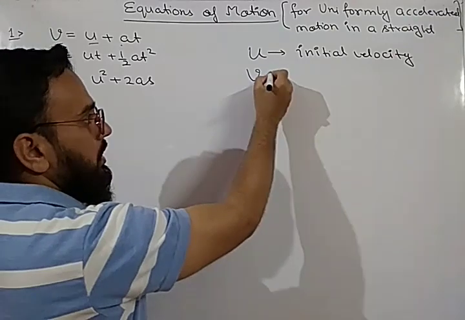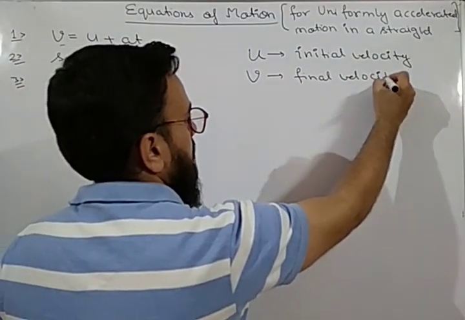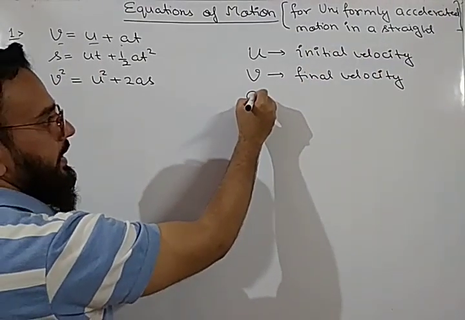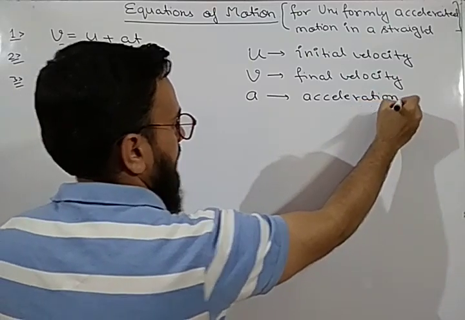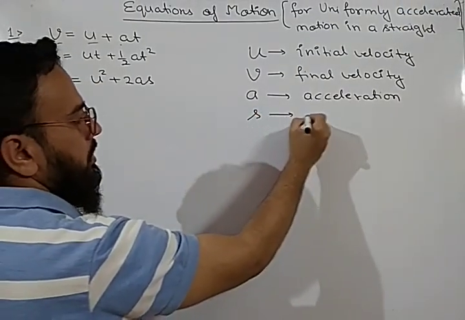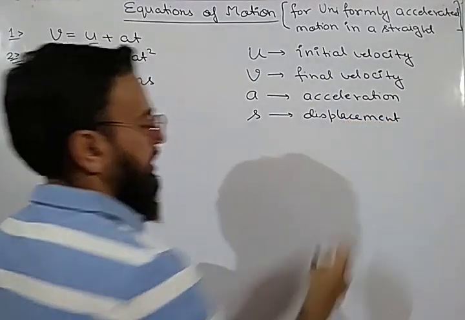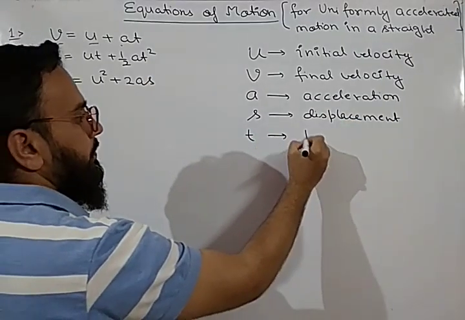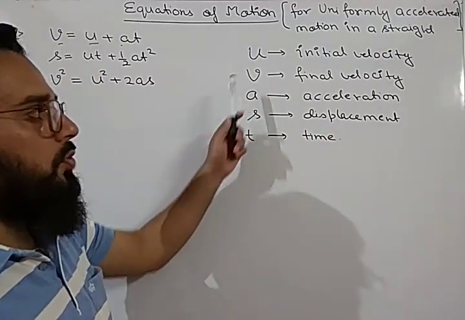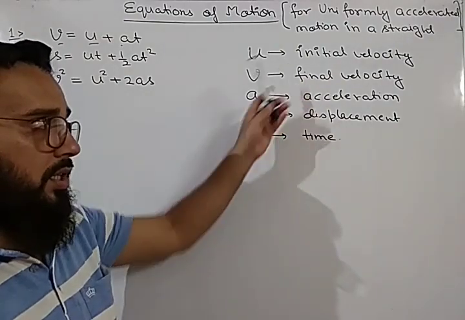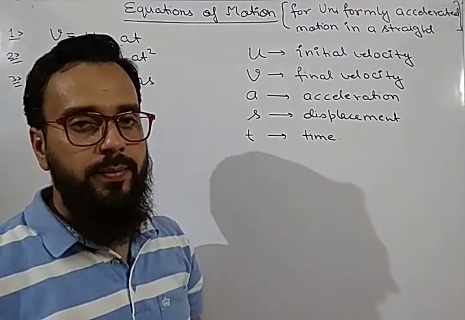Then v is final velocity. Then a is acceleration. Then s is displacement. And then t is time. So there are 5 variables: u is initial velocity, v is final velocity, a is acceleration, s is displacement and t is time.